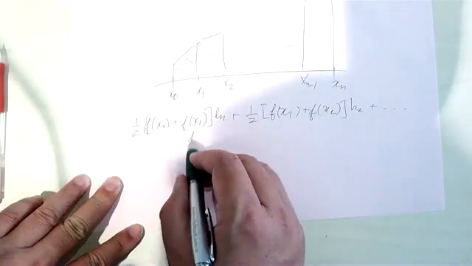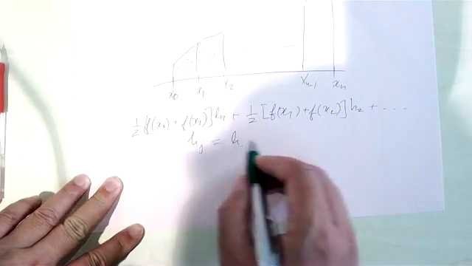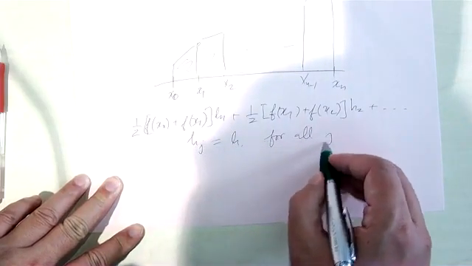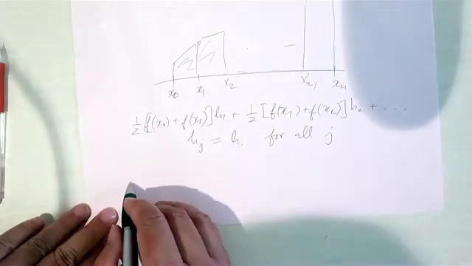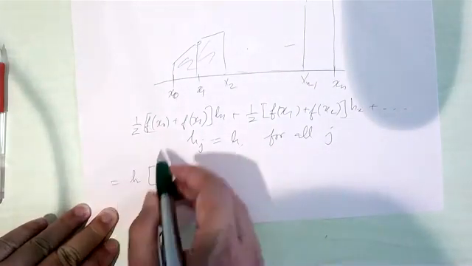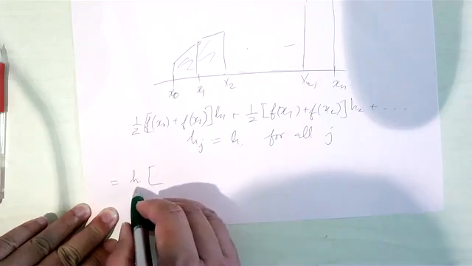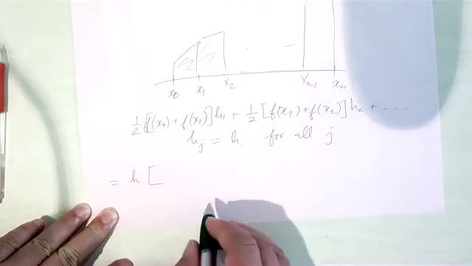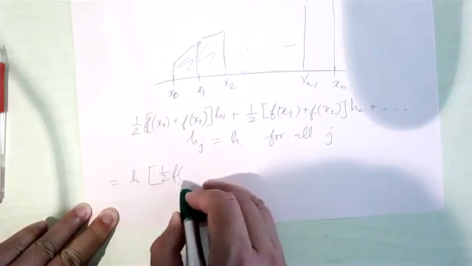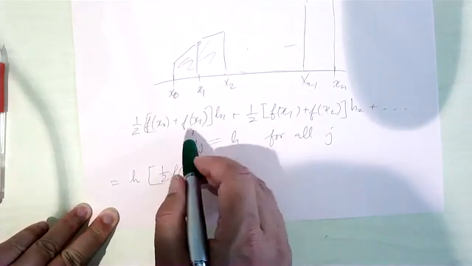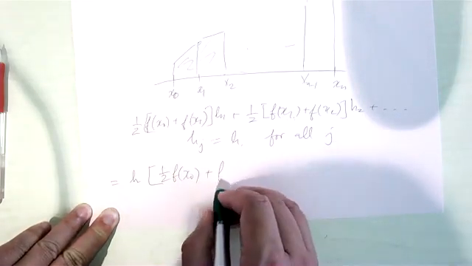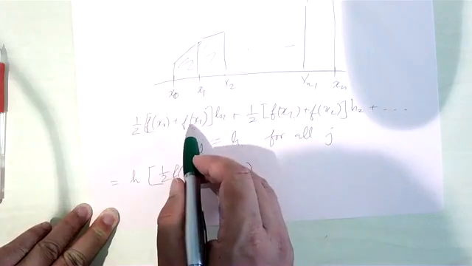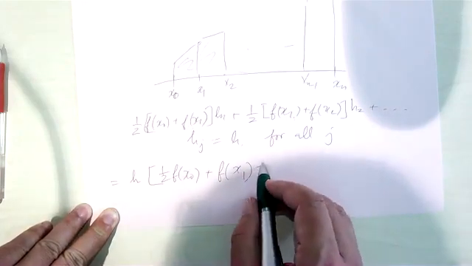If all the hj equal h, then you can take out h here, and you have 1/2 f(x0), then this one adds up with the next one, so you have f(x1), 1/2 f(x1) plus 1/2 f(x1), and so on.